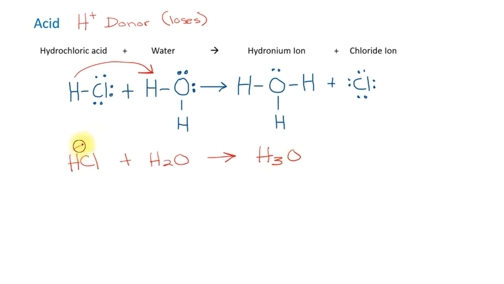Because this hydrogen came over here with water, and so now this becomes 3 instead of 2. And this has a positive charge, plus chloride ion, which has a negative charge. So that's what was going on with an acid in the chemical reaction.